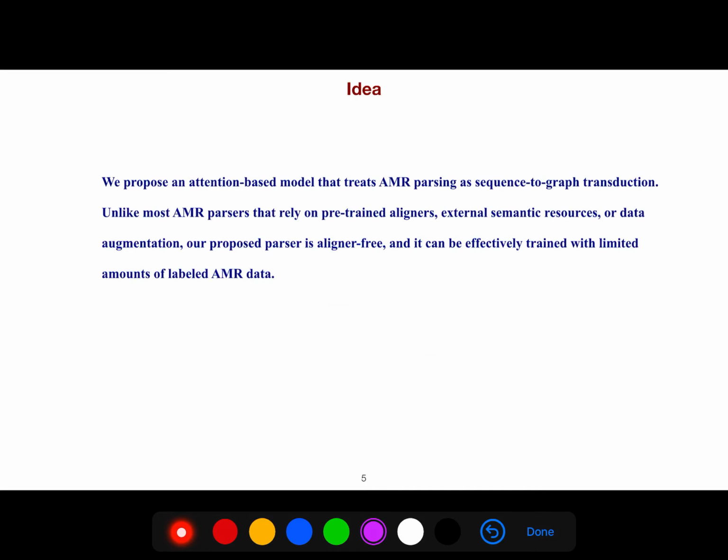So the idea is we propose an attention-based model that treats AMR parsing as sequence to graph transduction. Unlike most AMR parsers that rely on pre-trained aligners, you should align the sentence with the corresponding concepts.